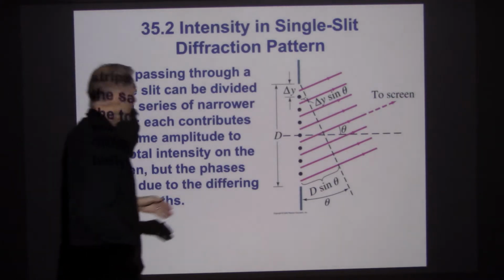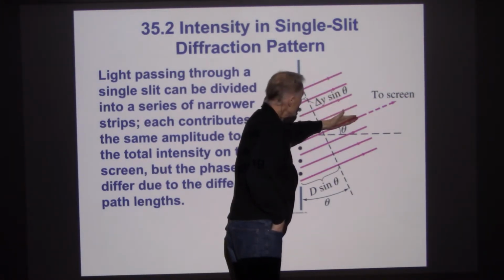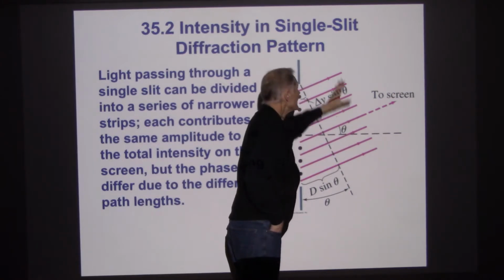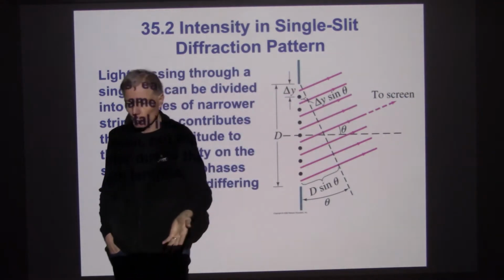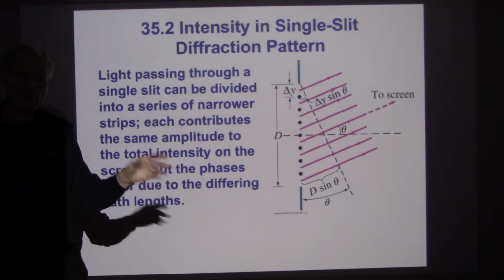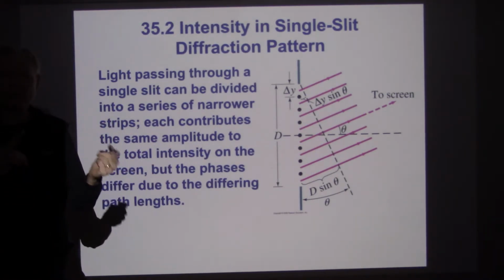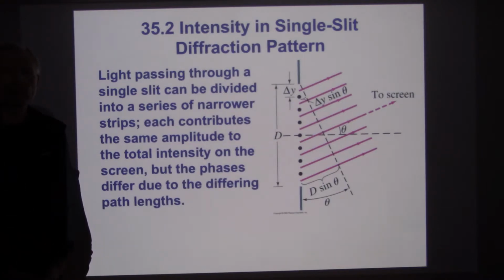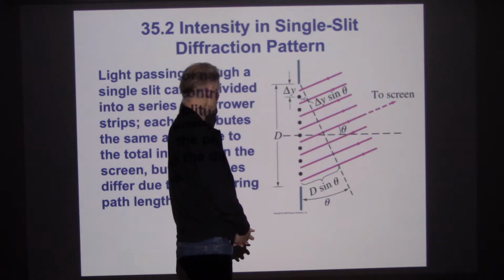So we've got a little bit of amplitude here, a little bit here, and a little bit here. Each one of these has a little amplitude dA. If we add all the dAs together, we get the total amplitude A. Now the book is using dE and E, but as we talked about in chapter 34, those get used interchangeably in the textbook. So be prepared for either one of those notations.